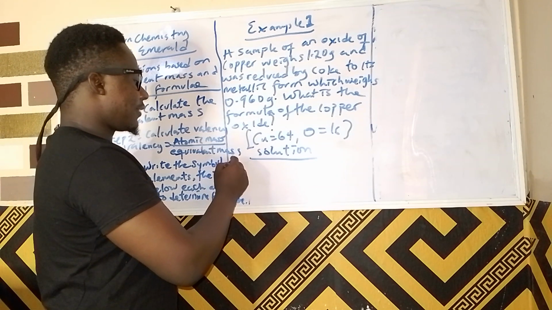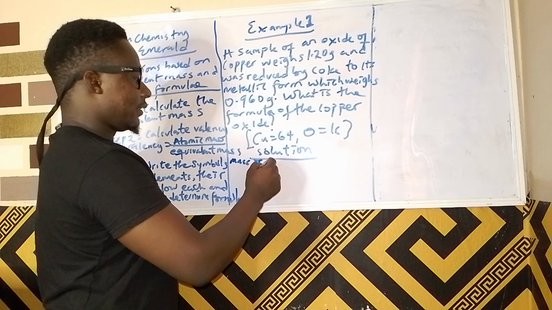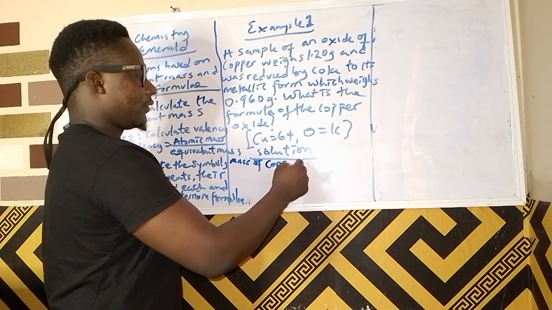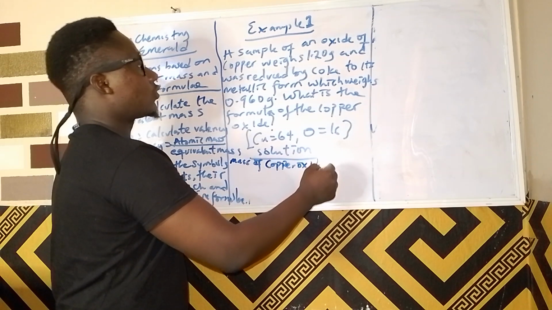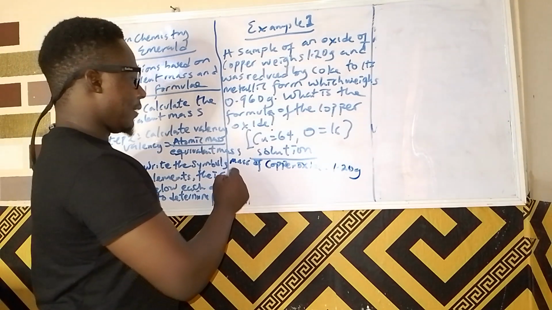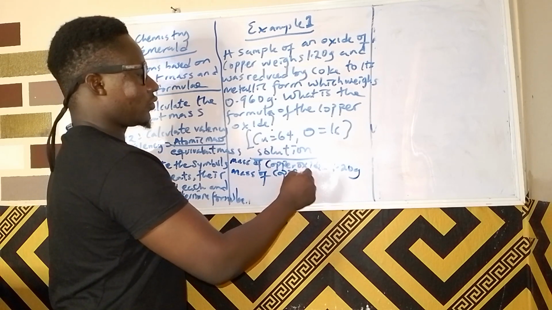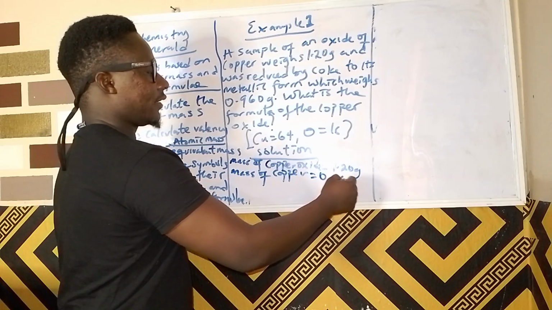Don't forget that the mass of copper oxide is equal to 1.20 gram, and the mass of copper that was produced is equal to 0.960 gram.